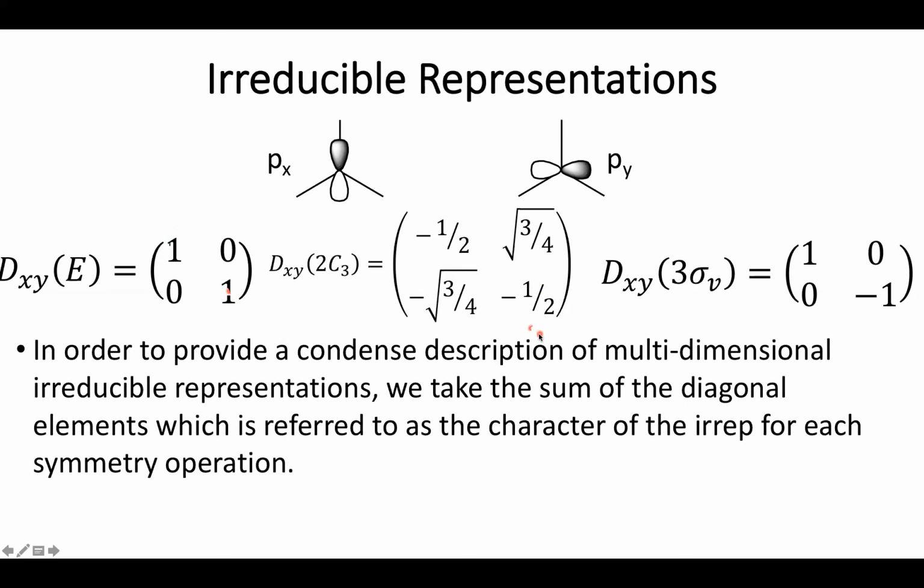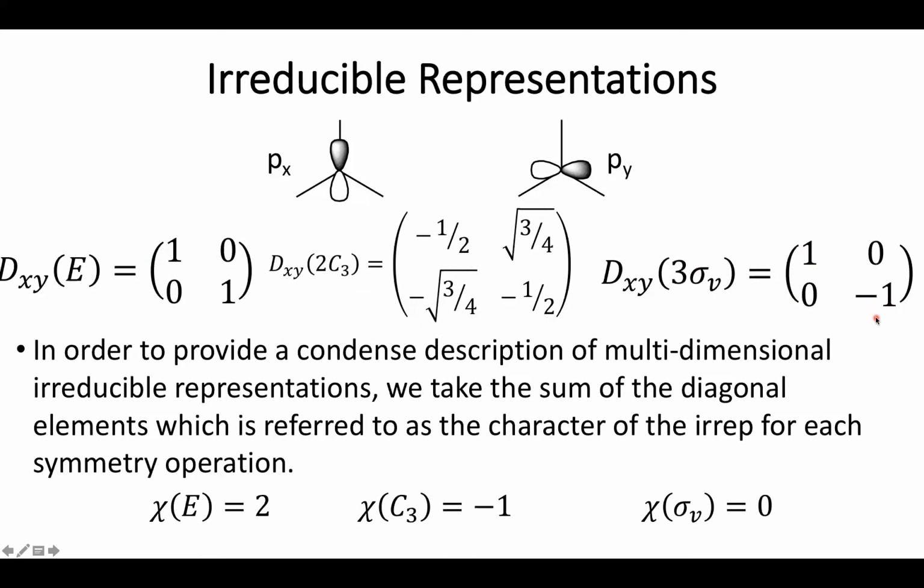I'm going to take the sum of these values, and that will hopefully represent the identity character, the rotational character, and the mirror plane. So when we do this, we'll find that the identity will give us a value of 2. The rotations give us a value of -1. And the mirror plane gives us a value of 0, because they end up canceling out.